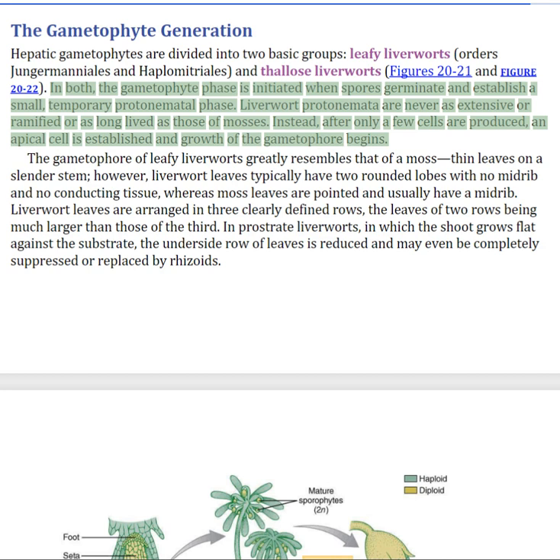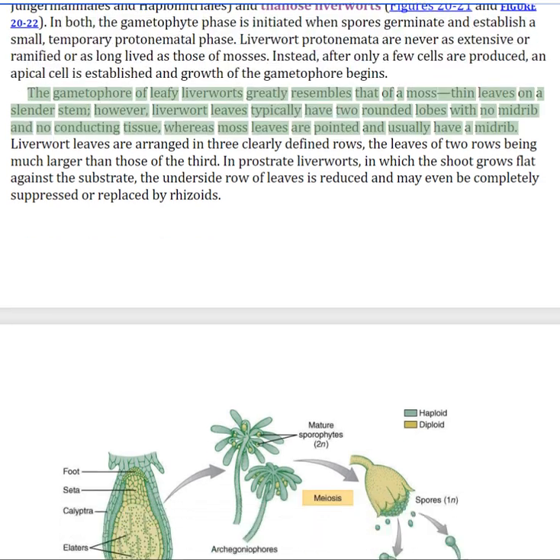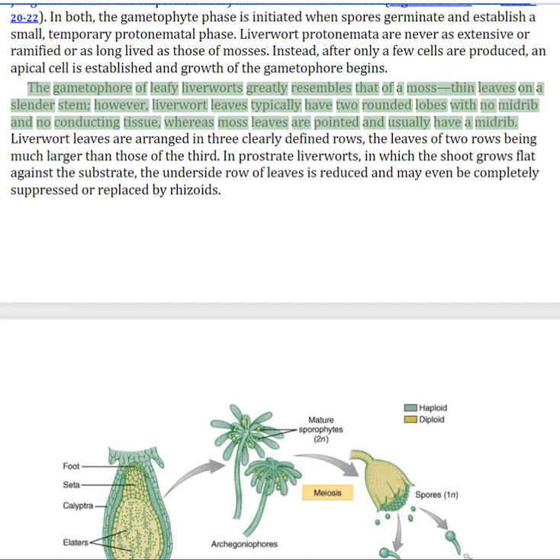Instead, after only a few cells are produced, an apical cell is established and growth of the gametophore begins. The gametophore of leafy liverworts greatly resembles that of a moss, thin leaves on a slender stem. However, liverwort leaves typically have two rounded lobes with no midrib and no conducting tissue, whereas moss leaves are pointed and usually have a midrib.